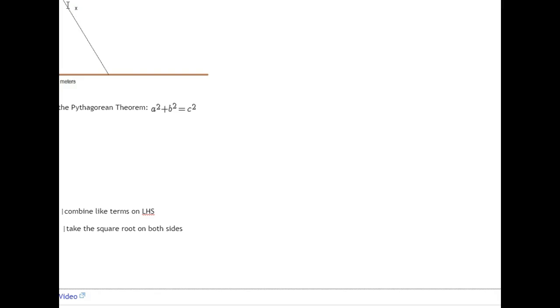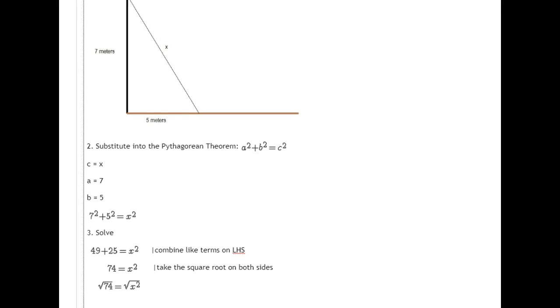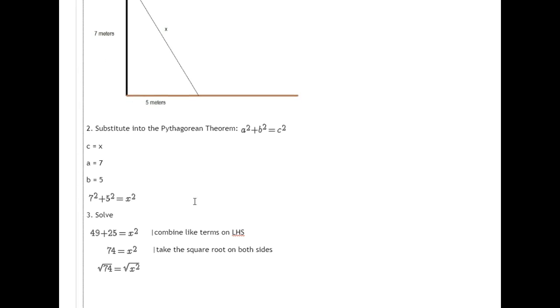So going back to the problem, again, we use the calculator to find the square root of 74, which was 8.6.